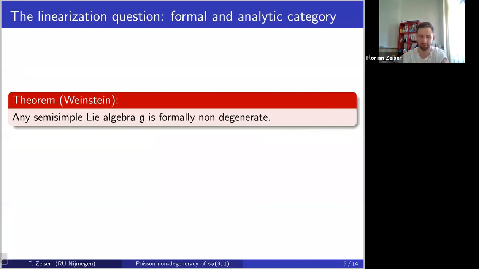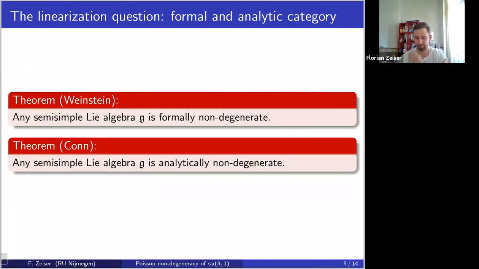That was realized by Weinstein, and the result is that any semi-simple Lie algebra is formally Poisson non-degenerate. A similar statement is true in the analytic category, which was proven by Conn. So when we look at analytic transformations, any semi-simple Lie algebra is analytically Poisson non-degenerate.